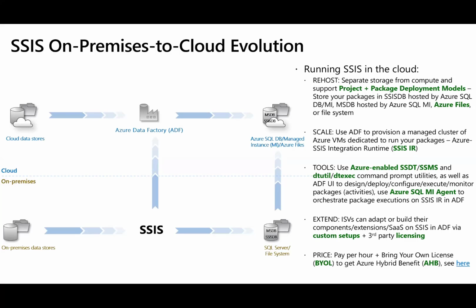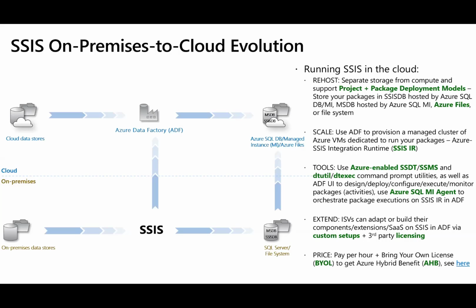So that's why SSIS in ADF now supports both models. You can deploy your package anywhere you want, the same way you do on-premises. In fact, for example, you can still deploy your package into the file system or into Azure File Share or Azure Files, etc.